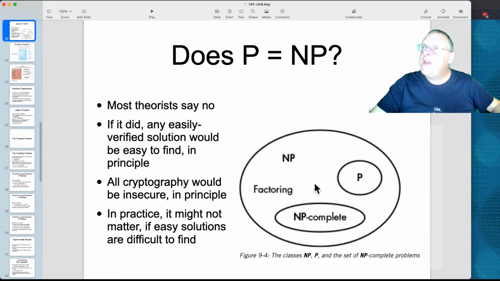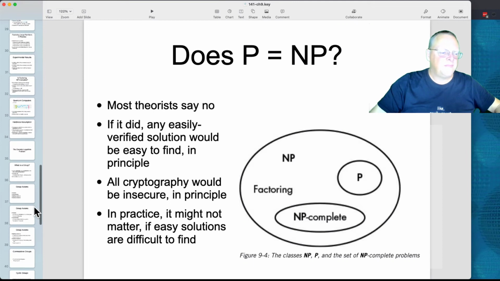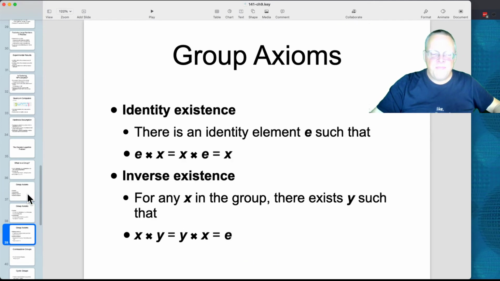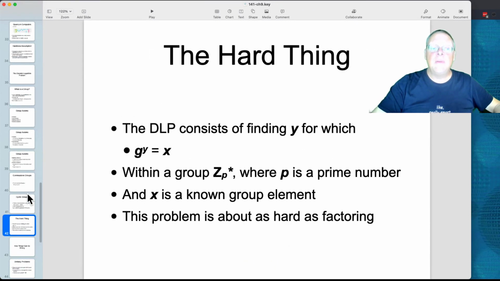This is where the sweet spot is typically, where it is simple enough to use and hopefully far enough from P that you can trust it. These are too hard to use, and these are unsafe to use. This is the sweet spot as far as we know. All right, so that's the discrete logarithm problem. And that's it.